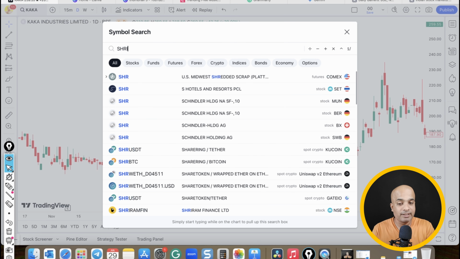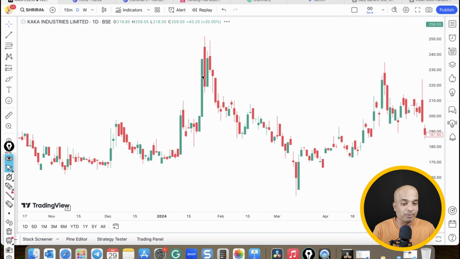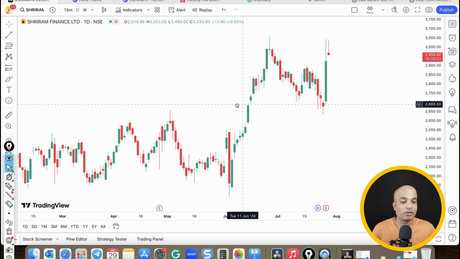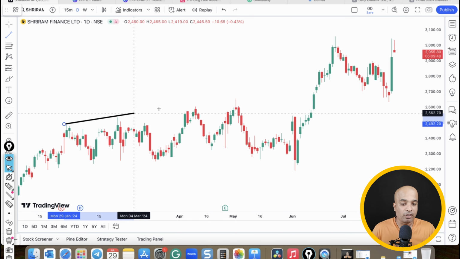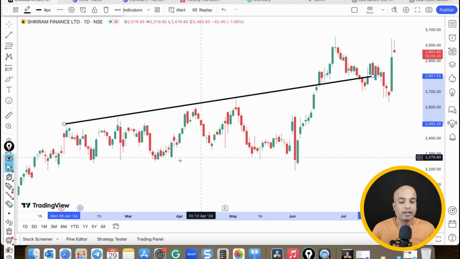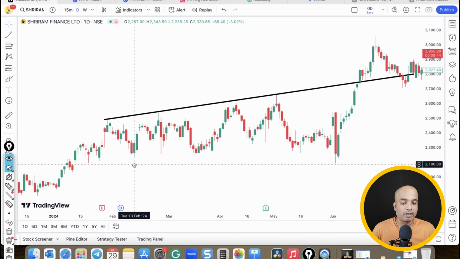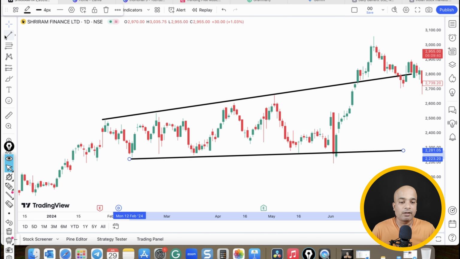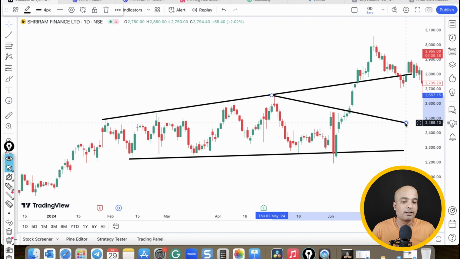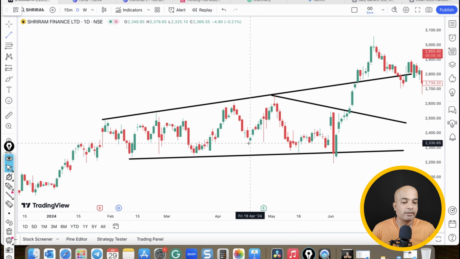And I have also seen some people make this kind of mistake. Whenever I ask them to draw a trend line, what they do is they draw one trend line like this. They draw another trend line like this. They draw another trend line like this. They draw one more trend line like this.